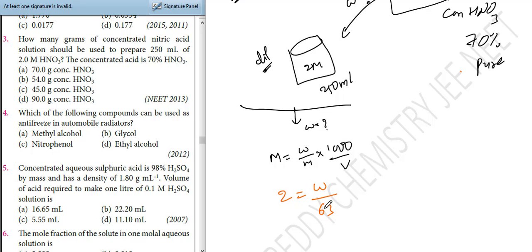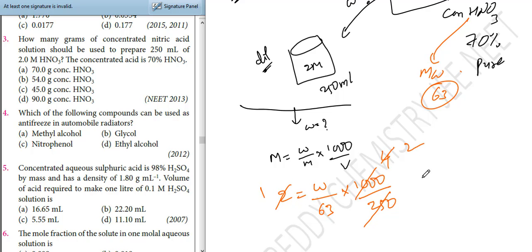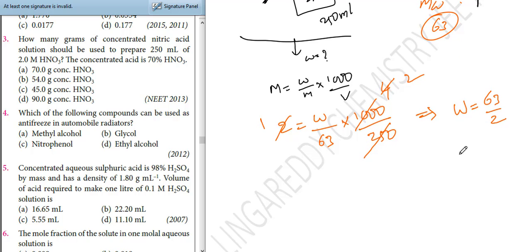Molecular mass of solute HNO3 is 63. Into 1000 by V, 250 ml we are going to prepare. That implies W equals 63 by 2. So W equals 31.5 grams. This much HNO3 is required.